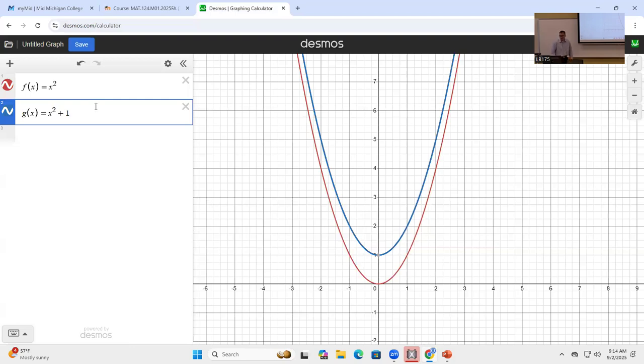If I add 1, notice what happens. Every point on the parabola gets shifted up 1 unit, right?